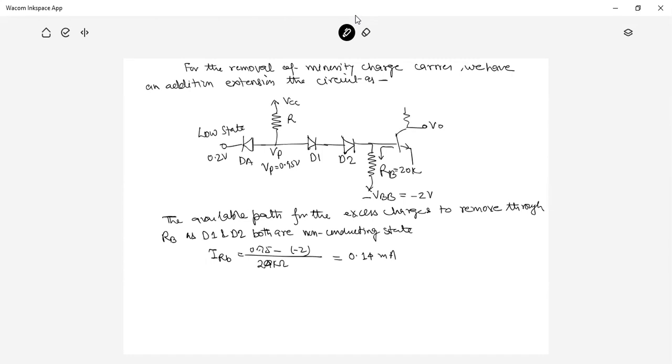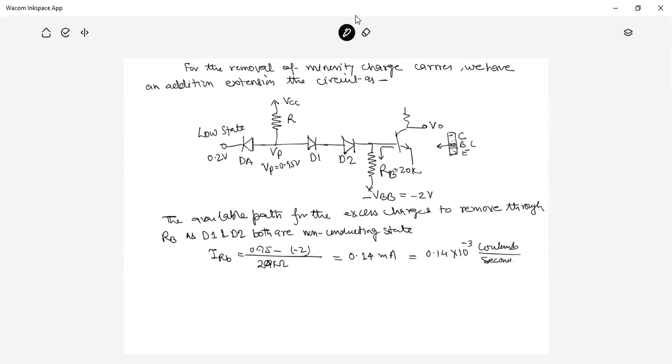And the charge is 0.14 into 10 to the power minus 3 coulomb per second. At this place where the current flows, that is base, collector and emitter, from this end there are holes and here there are electrons.